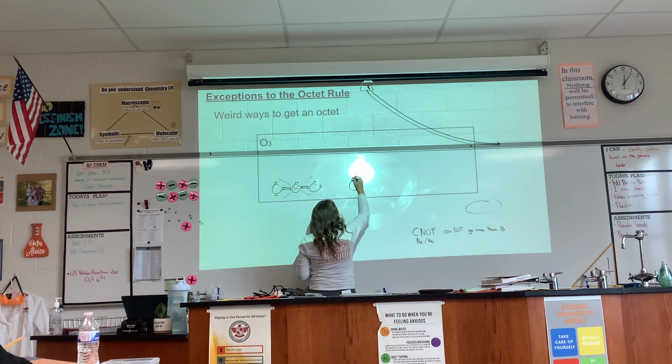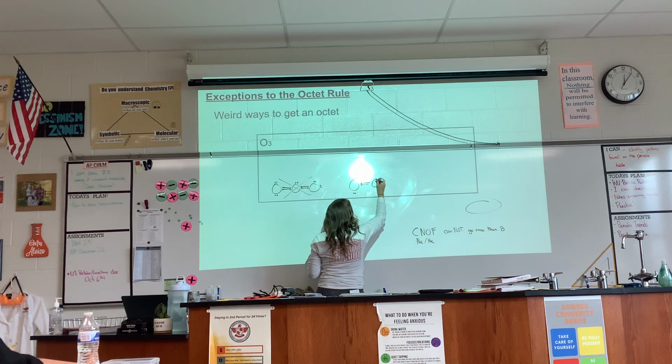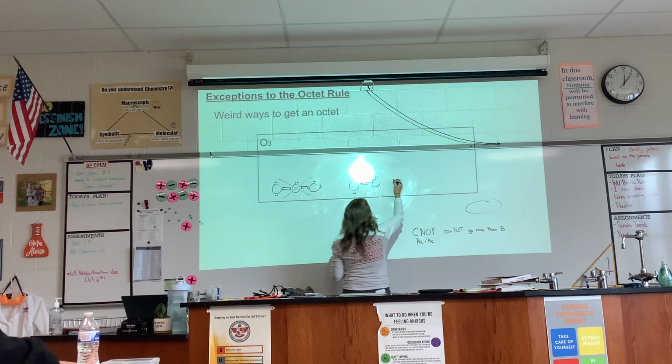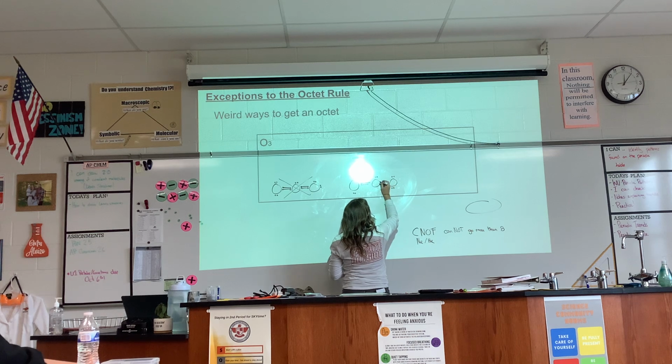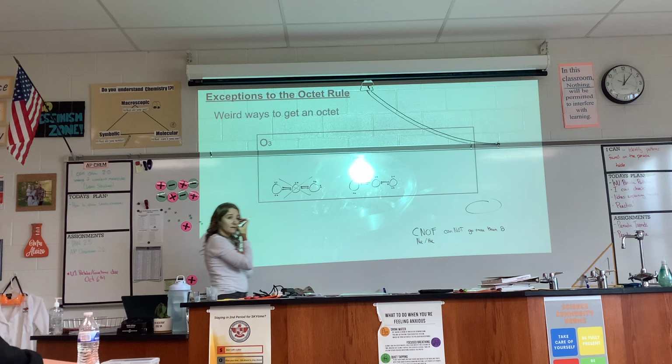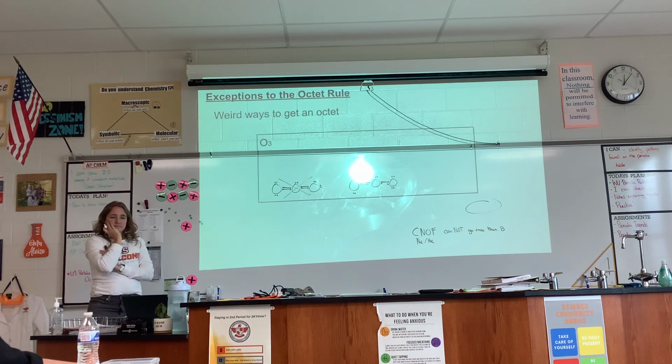Okay, and say, all right, let's do the same thing as we did before, and say, okay, we'll double bond one side, but now let's just single bond the other. Well, why is that a problem?